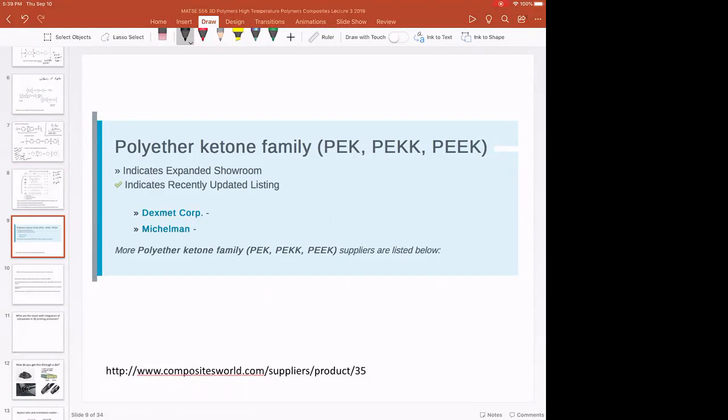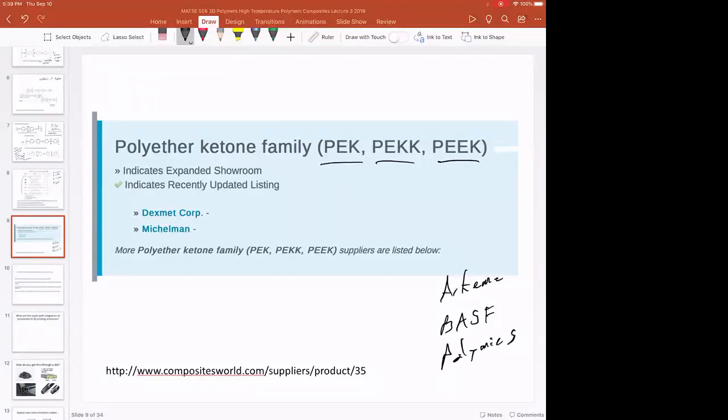So we have all the different mixtures of ethers and ketones. And so whether you're interested in buying materials from Dexmet or Michelman or Arkema, which also makes these, BASF makes PEEK. There's a lot of different places that you can buy these, Polymics.